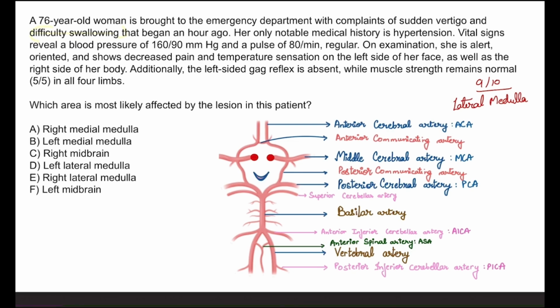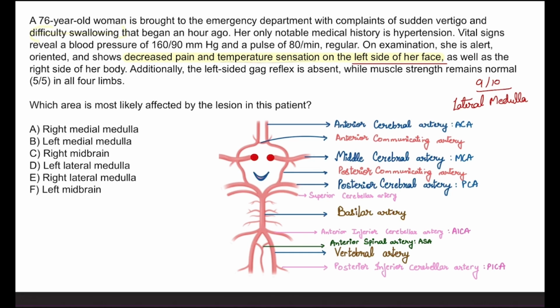Now in this question, if you read ahead, we'll find that her vitals reveal a blood pressure of 160/90 and a pulse of 80 per minute, and it's regular. On examination, she's alert and oriented and she's having decreased pain and temperature sensation on the left side of her face. Now remember, cranial nerves do not cross.